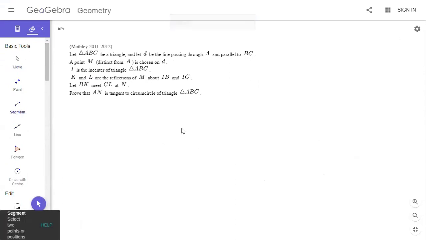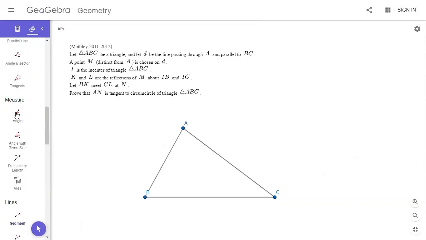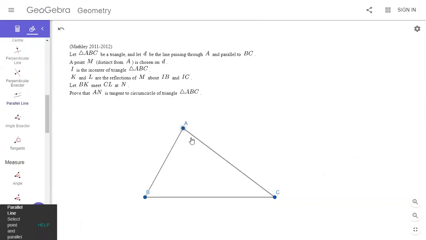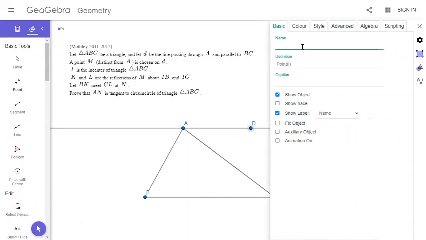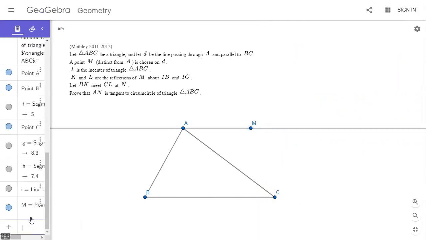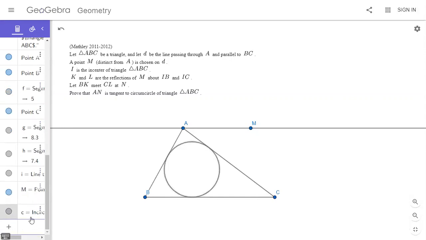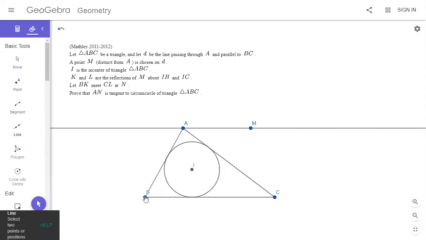So ABC is a triangle, and D is the parallel line through A to BC. And we pick a point M on that line. I is the incenter of ABC. K and L are the reflections of M about IB and IC.